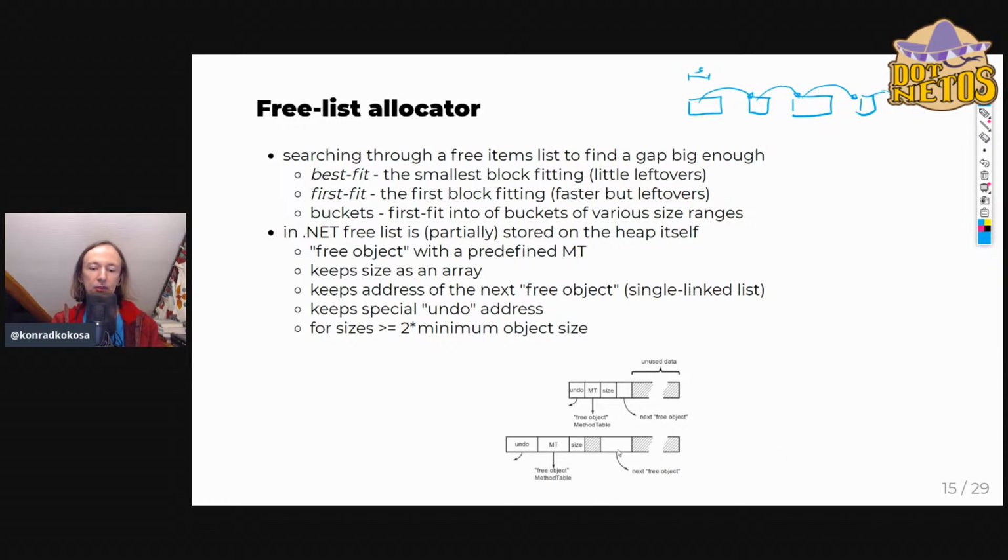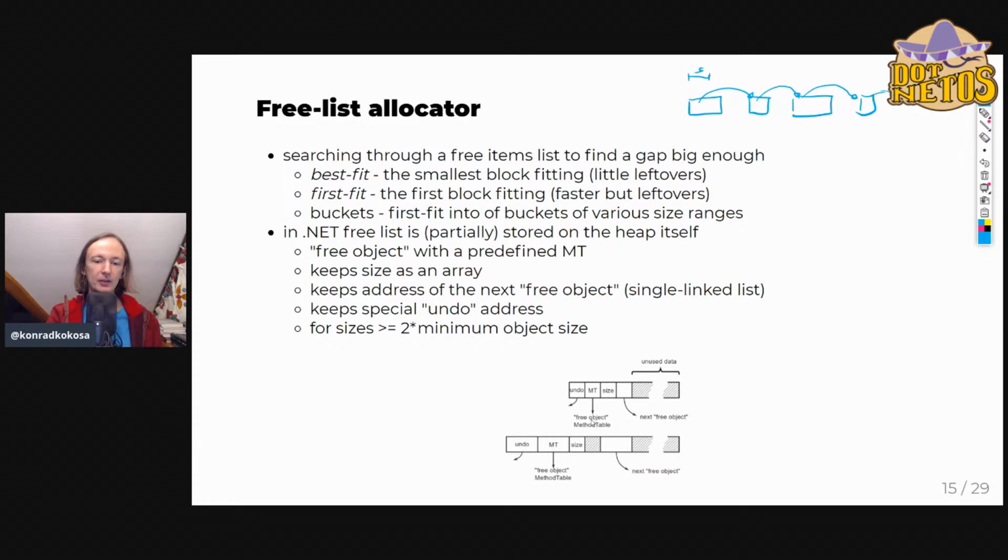But after this we have the pointer to the next free object, so we are creating this as a singly linked list. And then one more thing at the object header: we are keeping a magic value which is called undo, and I will describe this undo very soon.